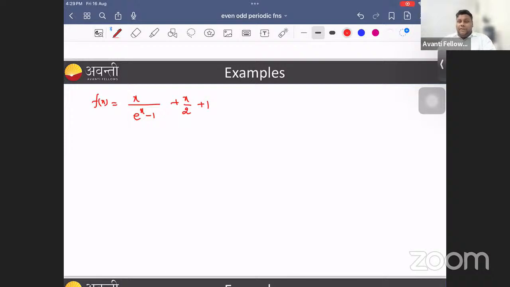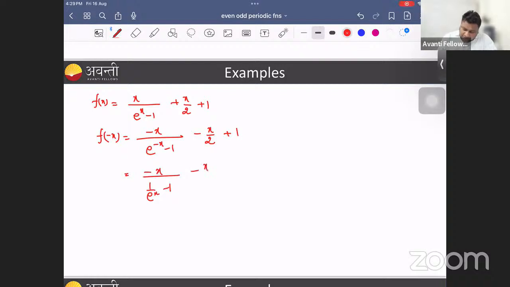See, everybody who is replying odd, I doubt if they have even solved it or not. See, what is f of minus x? f of minus x will be minus x upon e to the power minus x minus 1, minus x by 2 plus 1, isn't it? Now, this can be written as minus x upon 1 upon e to the power x minus 1, minus x by 2 plus 1.